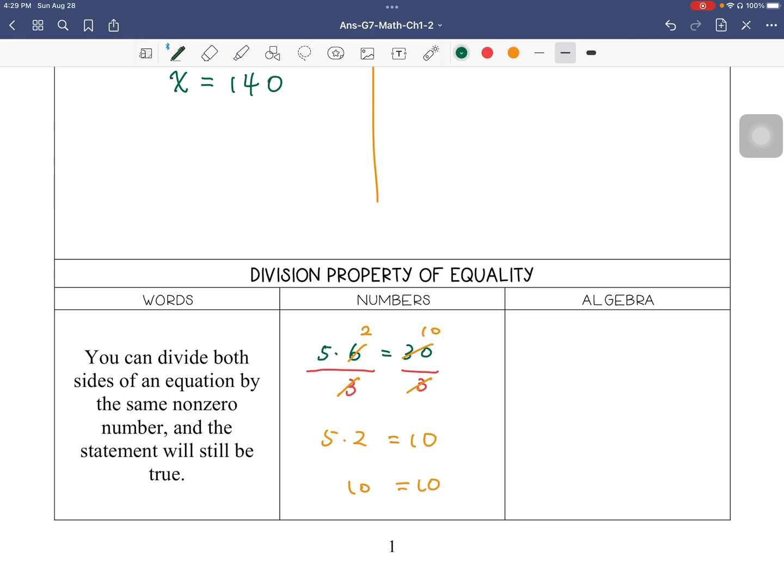So algebraically, if x equals y, then x divided by z equals y divided by z, where z doesn't equal 0.